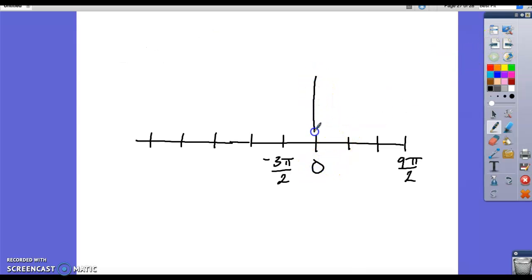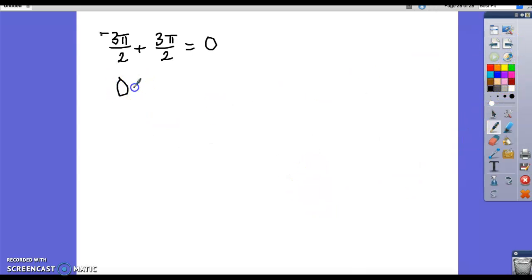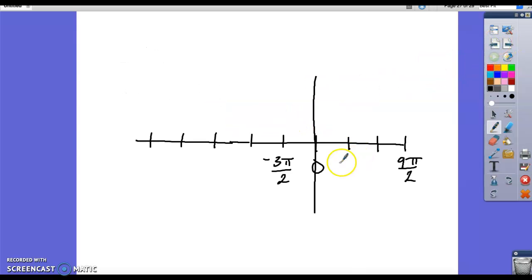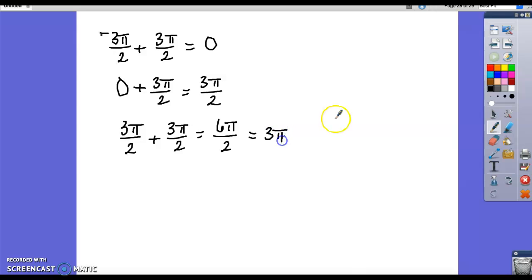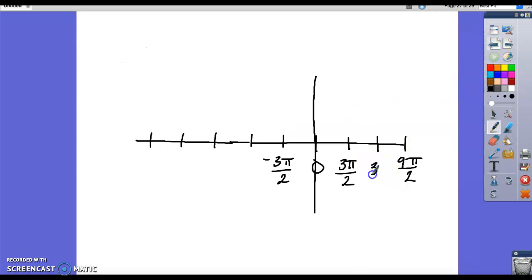That's also where my vertical axis is going to go. To find my next critical point, I'm going to add 3 pi over 2. To find my next critical point, I'm going to add 3 pi over 2 once again, and that reduces to 3 pi.